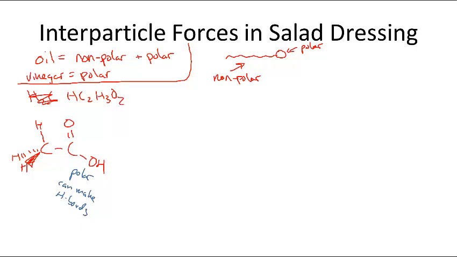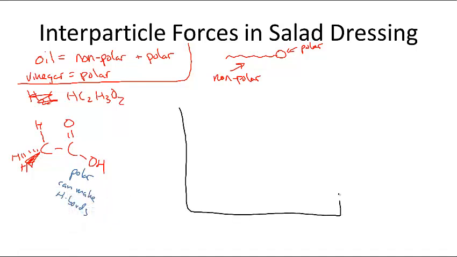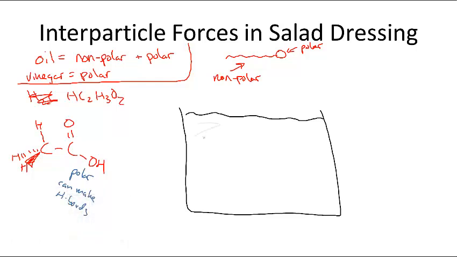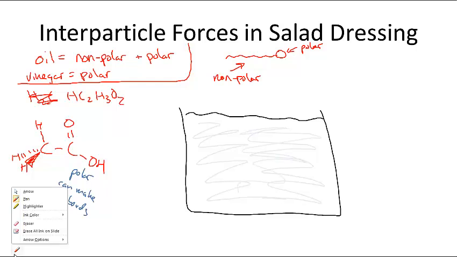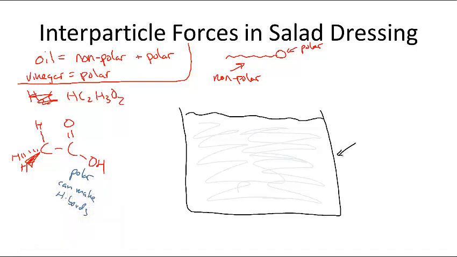So if I have a beaker of vinegar, vinegar is clear, but I'm going to make it like a light blue, just so we can see. So vinegar, I have mostly vinegar.